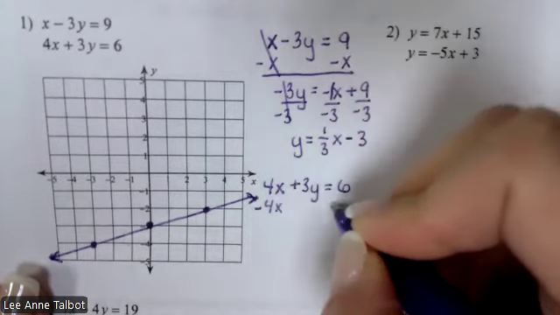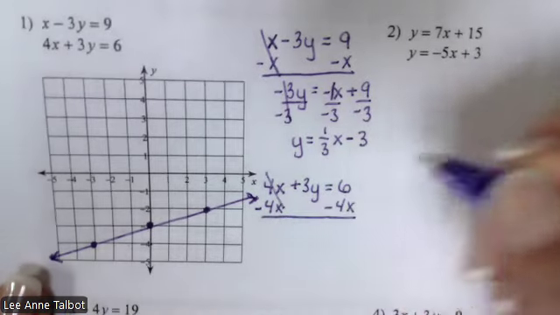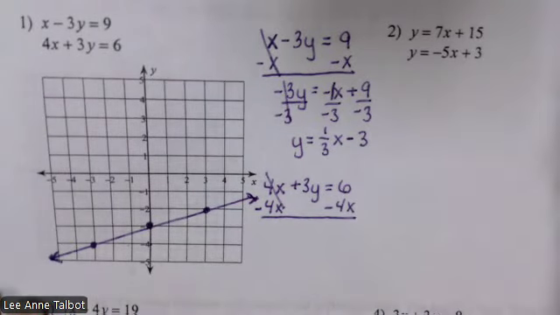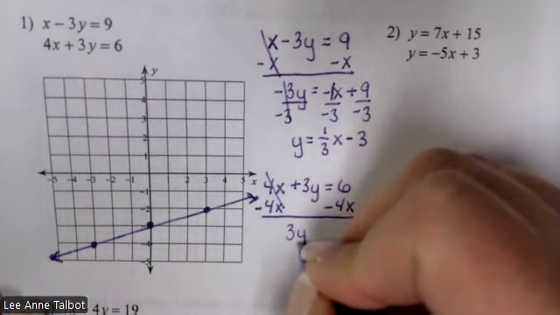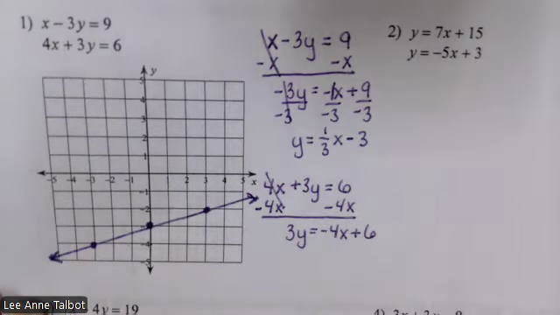Okay, minus 4x from both sides on the second equation. 3y equals -4x plus 6.